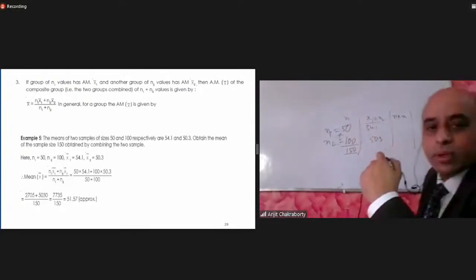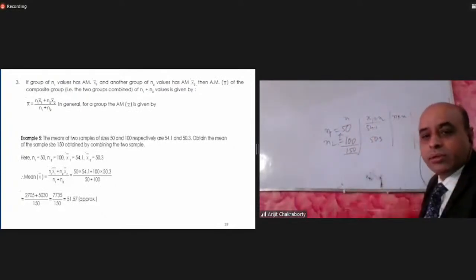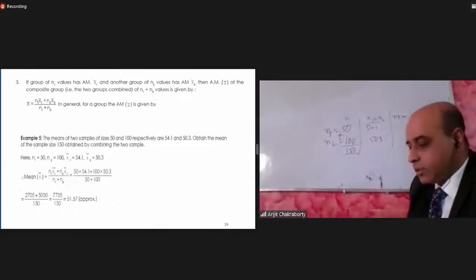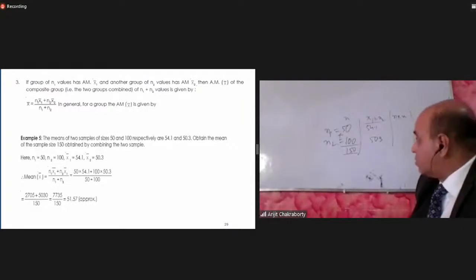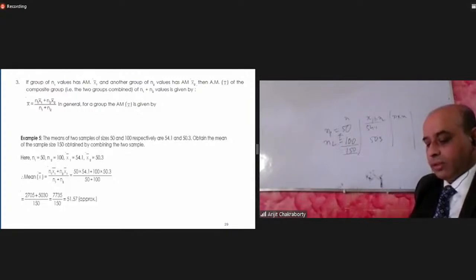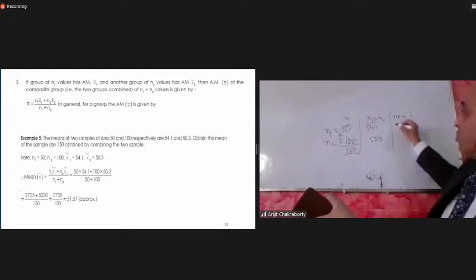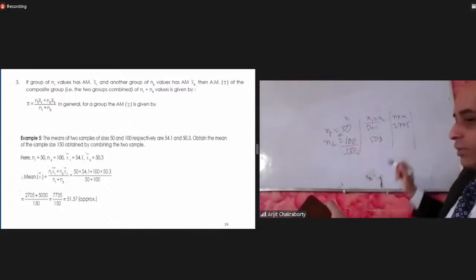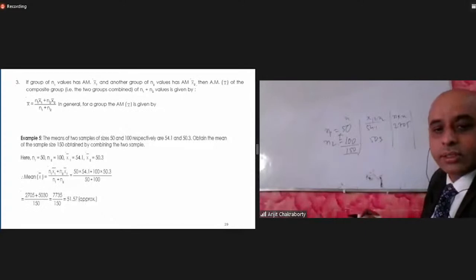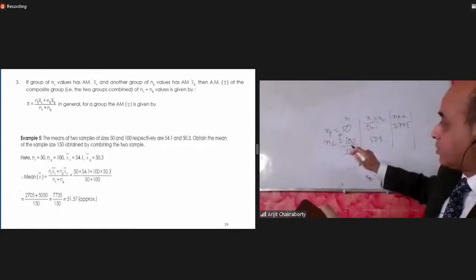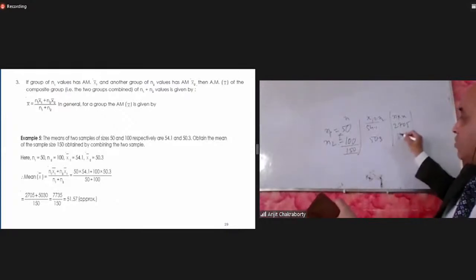50 into 54.1, let me just calculate and we will write down the values. 54.1 into 50 comes to 2705, and we have 100 into 50.3, that is 5030.